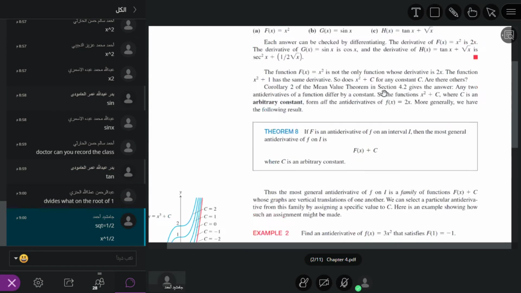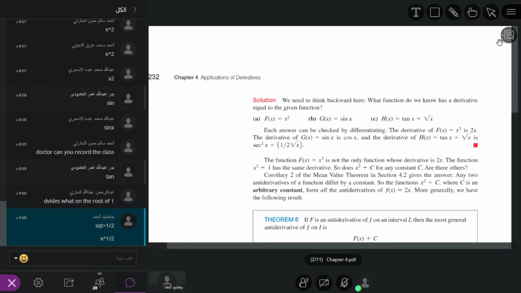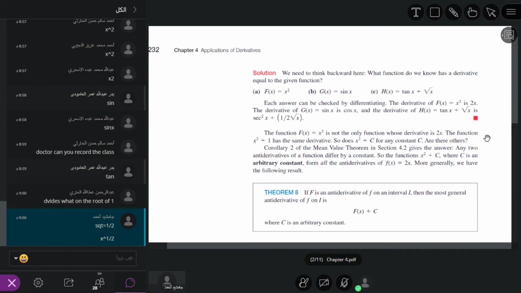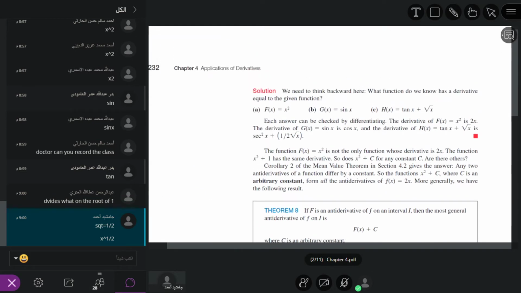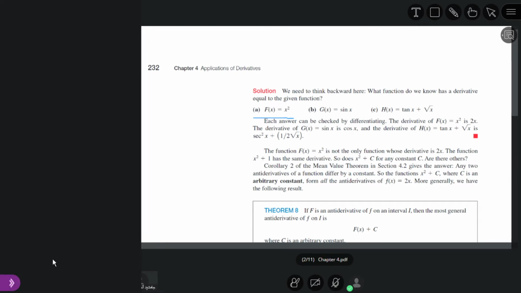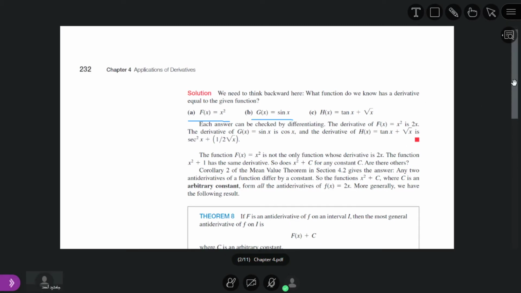The derivative of x square is 2x, so the antiderivative of 2x is x square. The antiderivative of cosine x is sin x. So the antiderivative of sec square x plus 1 over 2 root x is equal to tan x plus root x.